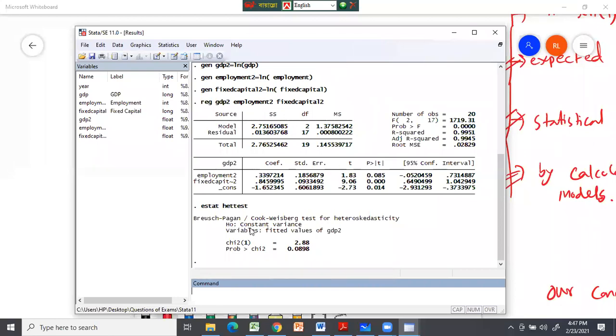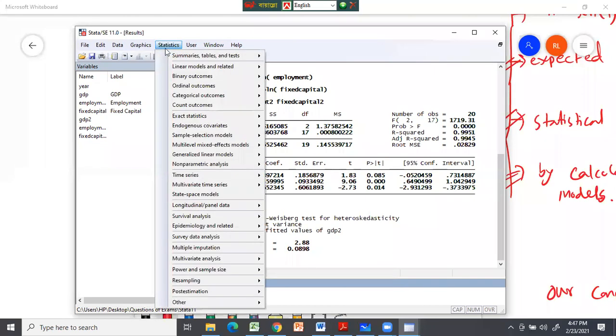The p value of your chi-square test statistic is 0.08, which is statistically insignificant at the 5% level because our level of significance is 0.05 and it is more than that. So our conclusion is we fail to reject the null hypothesis, or alternatively, the null hypothesis is accepted. Here the model does not suffer from the problem of heteroscedasticity. It follows the homoscedastic error variance.